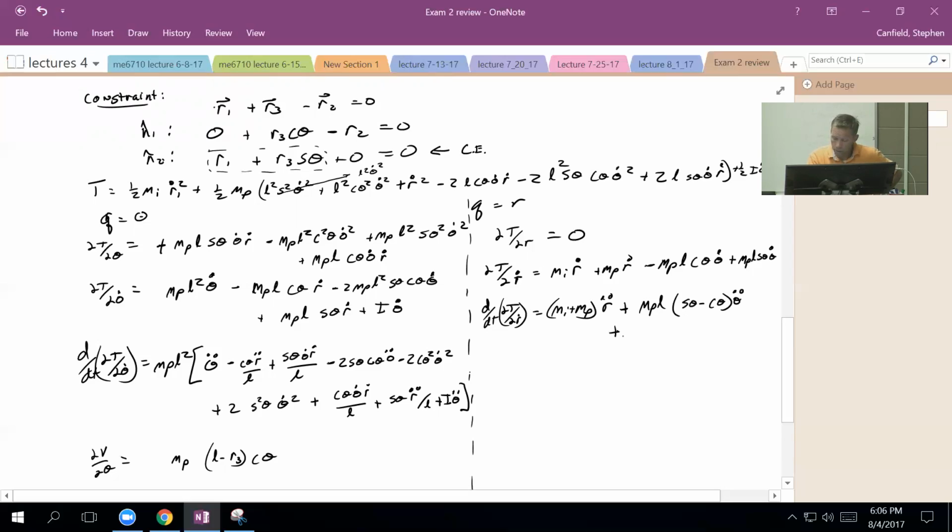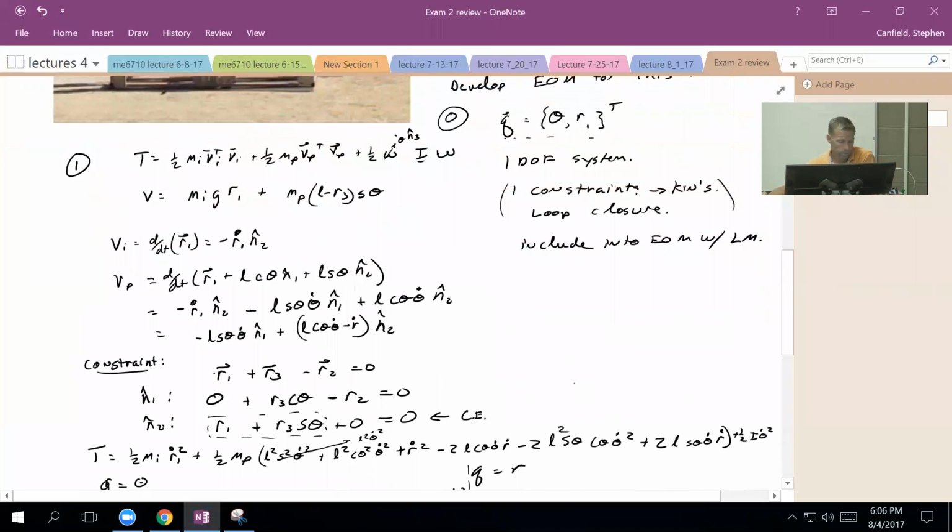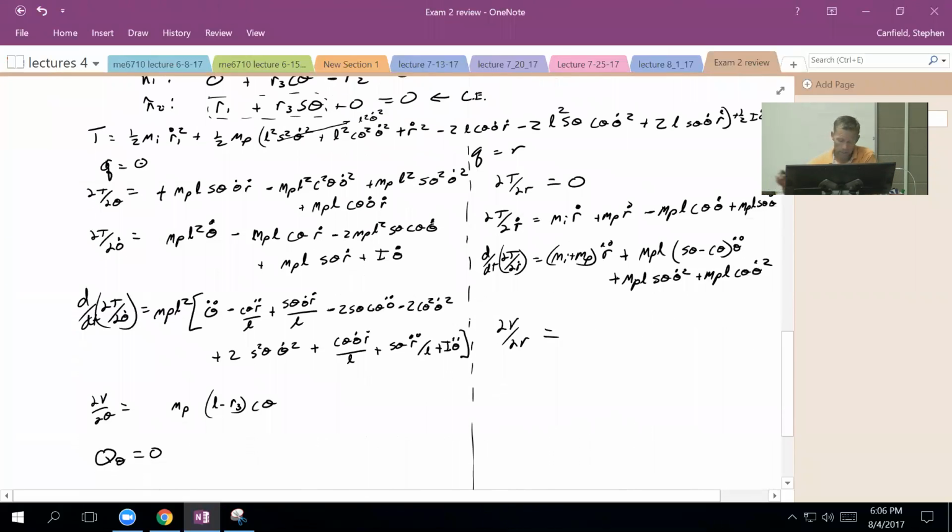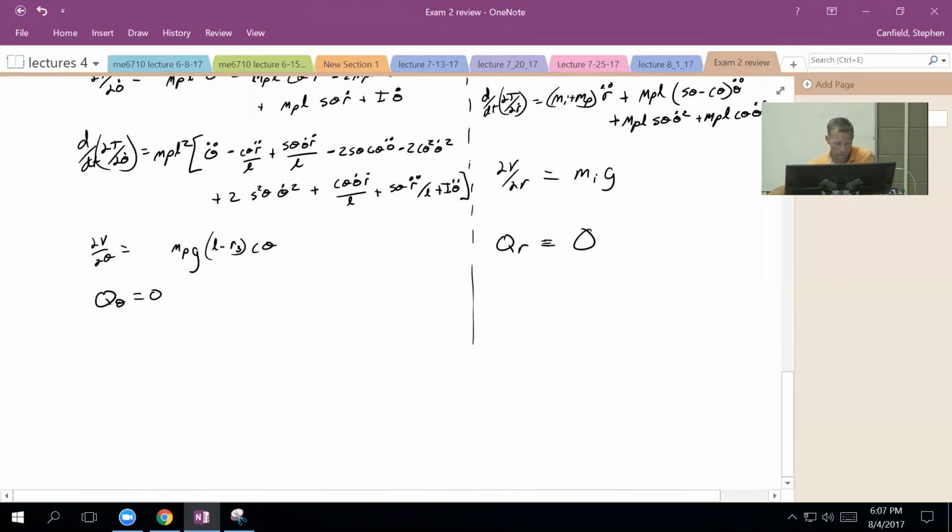Then I get a plus MPL sine theta theta dot squared plus MPL cos theta theta dot squared. Partial of V with respect to R is M sub I G. Forgot my G over here. And a Q sub R, again, having no other forces, I'll drive that to 0.